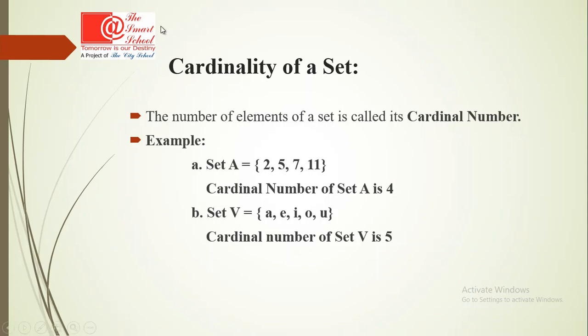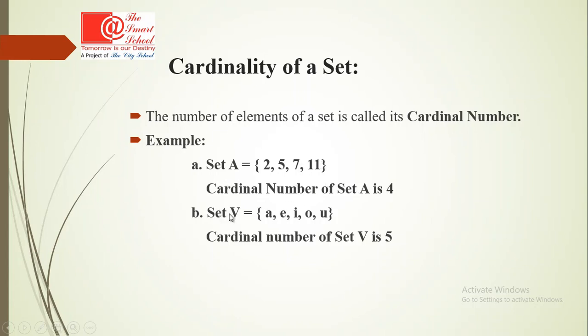Now, cardinality of a set. Cardinality is actually when we find cardinal numbers, and the number of elements of a set is called its cardinal number. For example, set A has 2, 5, 7 and 11 as its elements. If we count these numbers, these are 1, 2, 3 and 4. So the cardinal number of set A is 4.